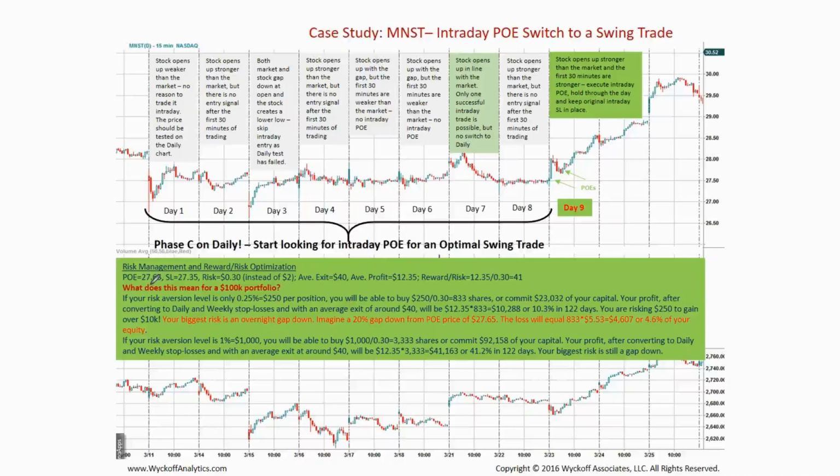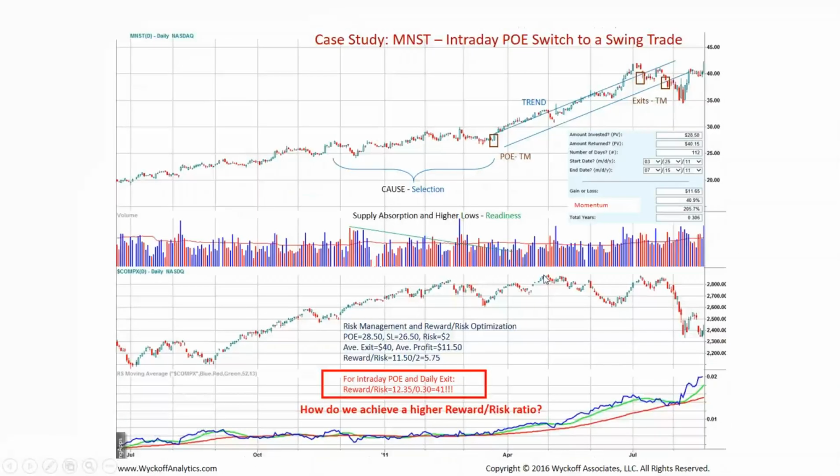For that trade, our point of entry is going to be 27.65. Our stop loss is going to be 27.35. Our risk is only 30 cents. So think about this. Before, on the same day at the close of the day, our risk was $2.